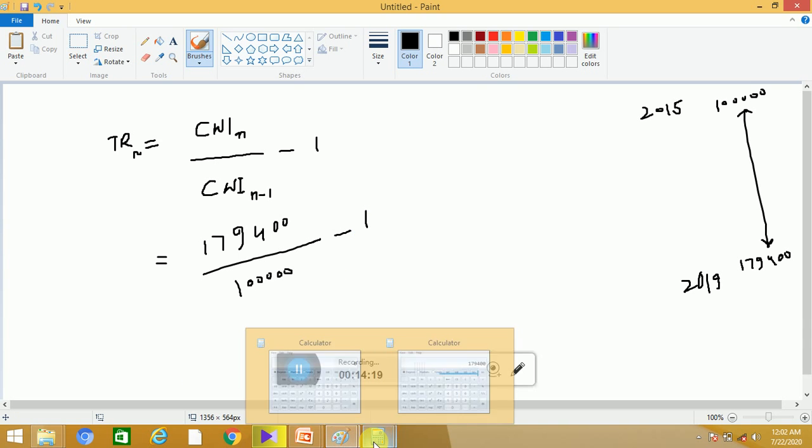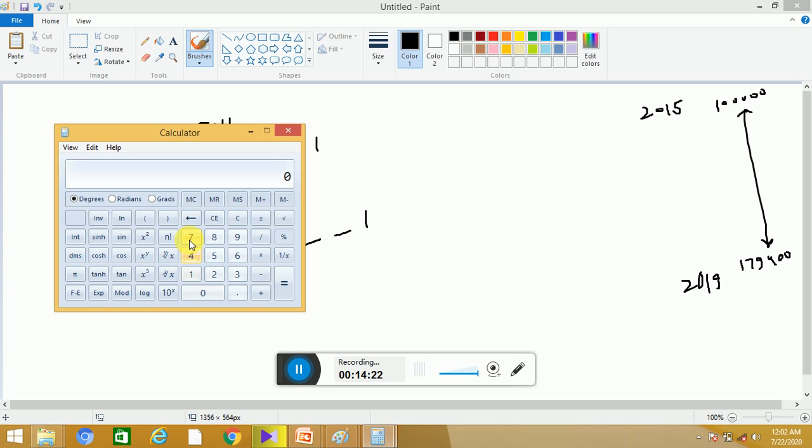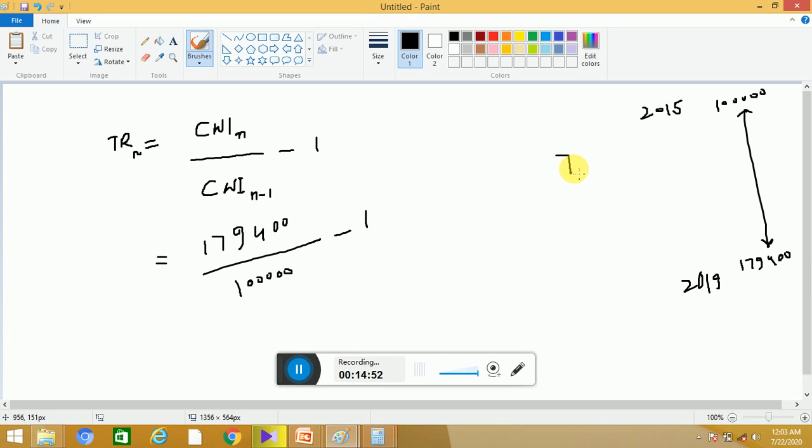Now calculate this using a calculator. 179,400 divided by 100,000 is equal to 1.79, and minus 1, which is equal to 0.79, meaning 79.4%.